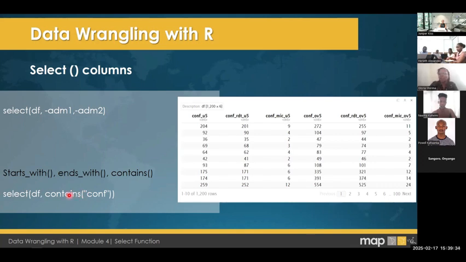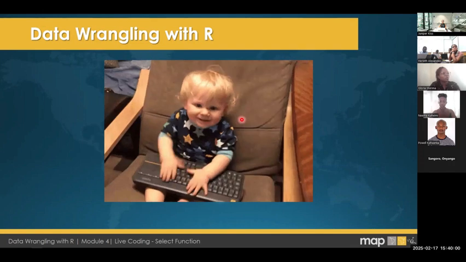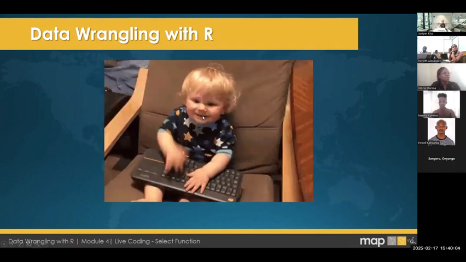Instead of writing one after another, I can just select from DF the columns which contain conf. It gives me all those columns, maintains the number of rows, and there are only 6 columns which contain conf. So I think we can also do a small demo to see how we do this in R.